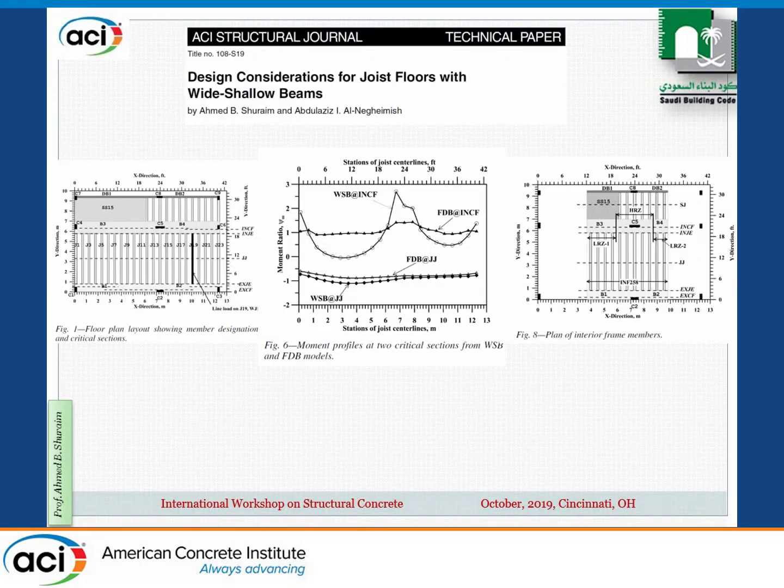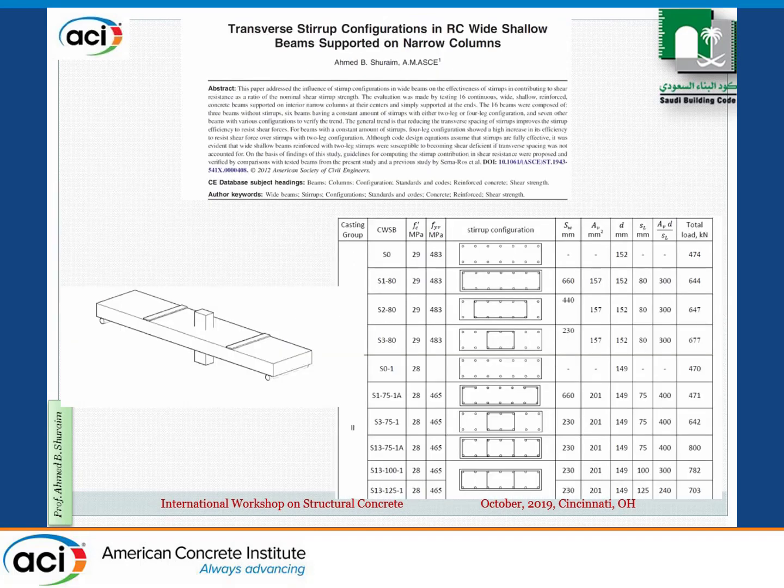So we did some work here and published it in the ACI Structural Journal back in 2011. We also looked at wide beams. The challenge is the narrow column: if you have a narrow column, it's a different issue than if you have a wide beam. If the columns are also wide, that will not be a big deal, it will be the same.